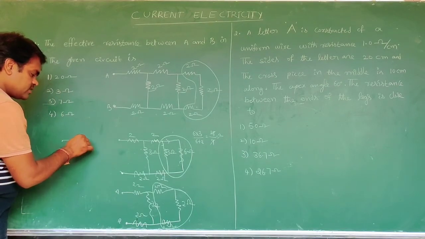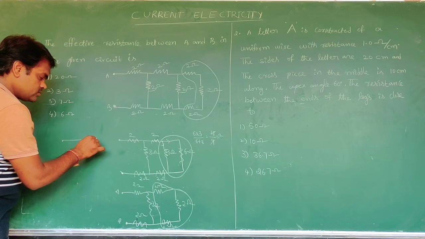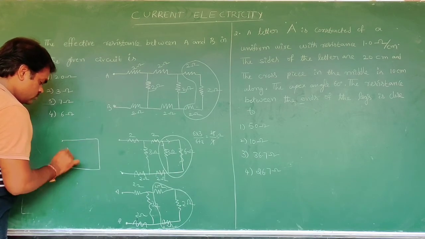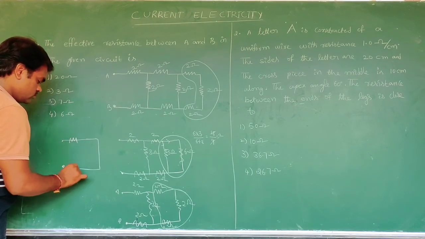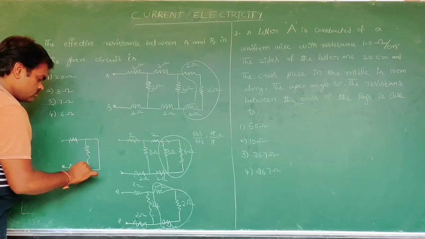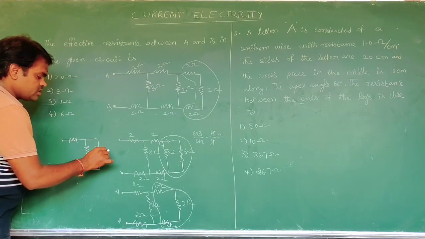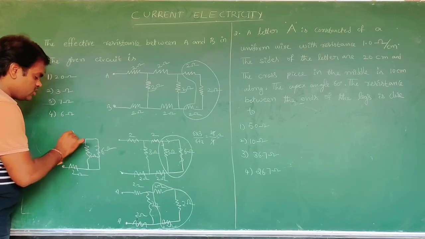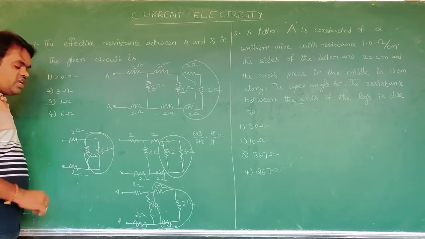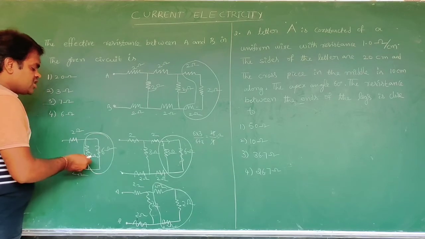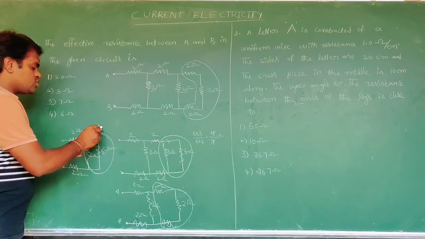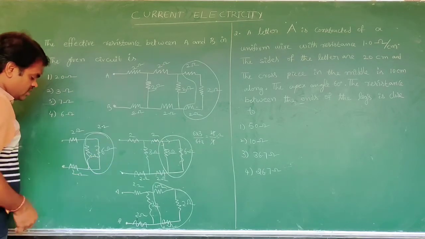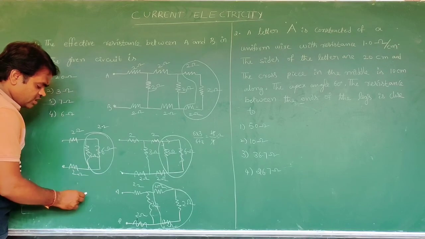See like this. This is the 3 ohm. Now 2 ohm and 2. Then these are in parallel. Parallel means 6 into 3 by 6 plus 3. That is 2 ohm. Now what you got?